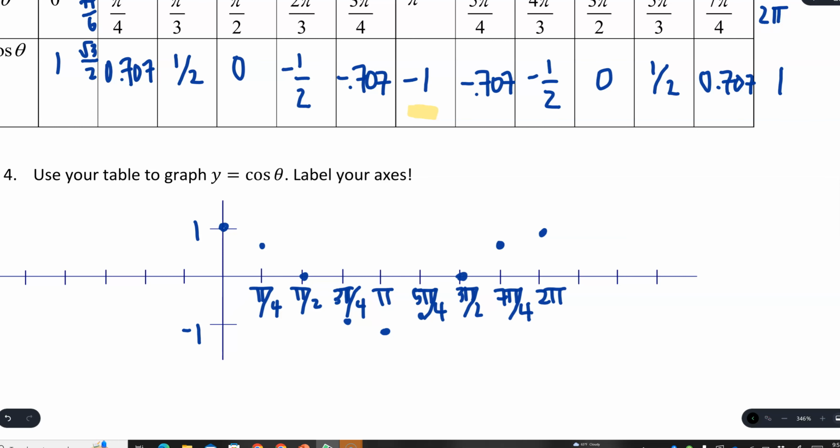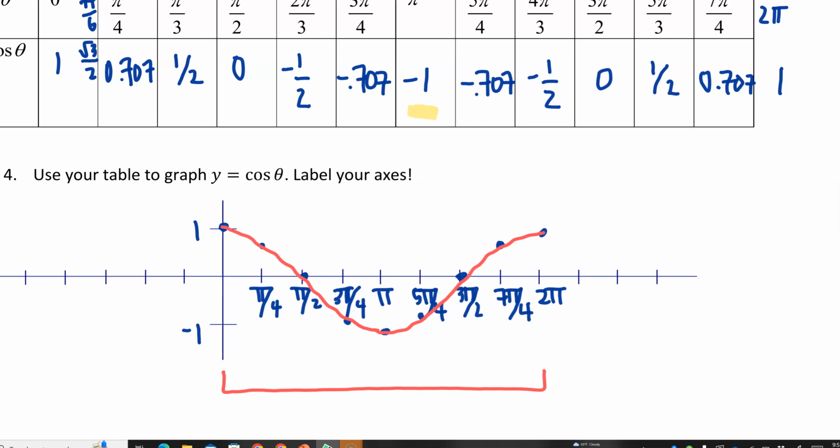So let's look at this graph. So if I were to try to connect the dots here a little bit, this one's a little harder to see. Okay, but what's going to happen after 2 pi? I'm going to take this function and I'm just going to move it over, right?